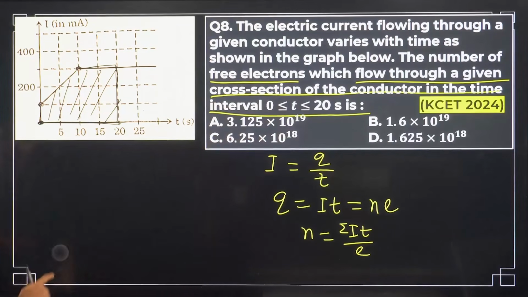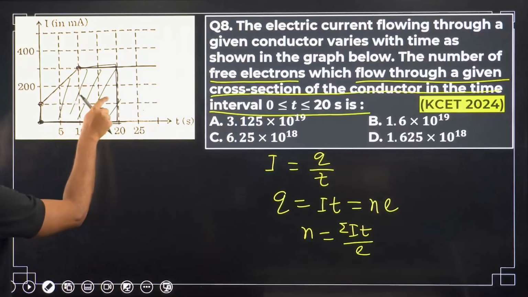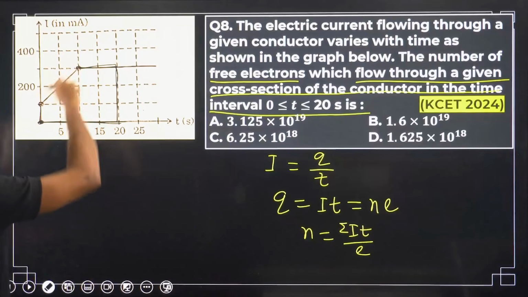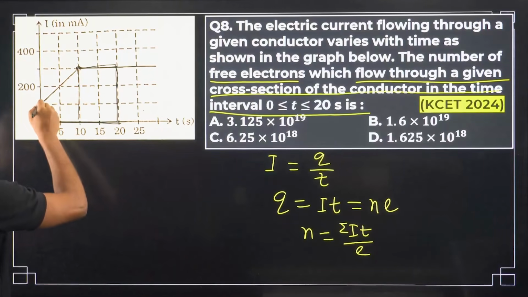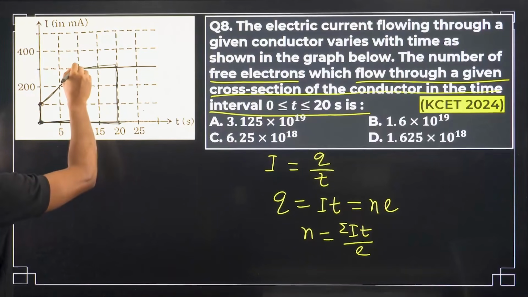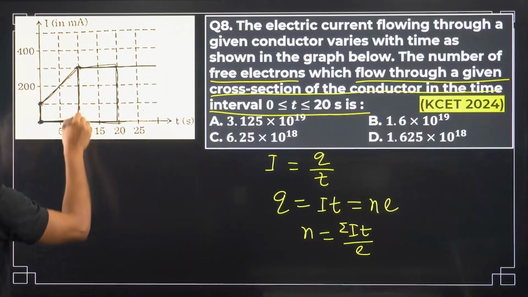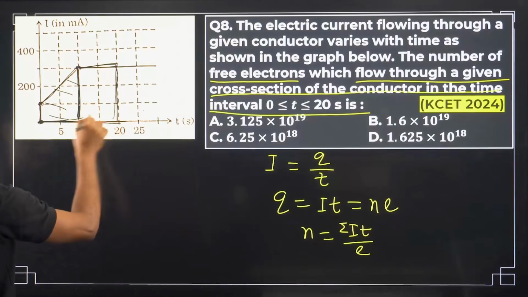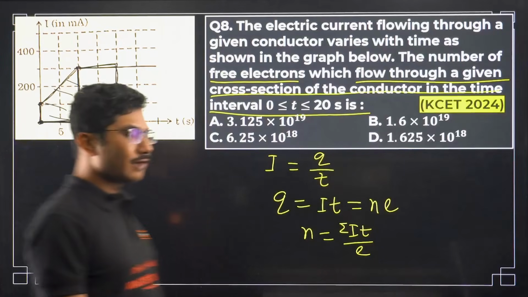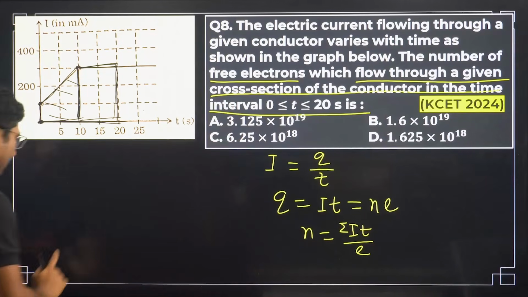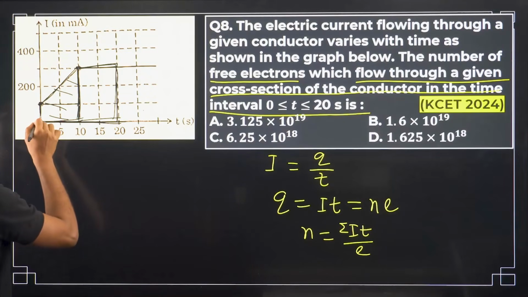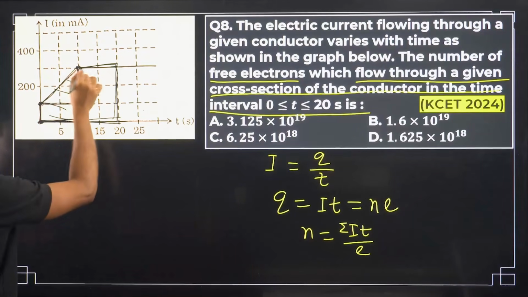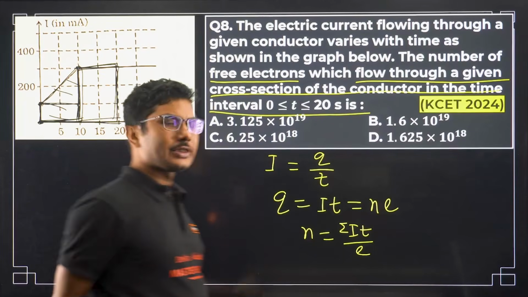Now we have to find the area under the graph of this shape. If you see, this part is a trapezium, and this is a rectangle, and this is a trapezium. Some people might say that, sir, this is a triangle, this is a rectangle and this is another rectangle. That will be a longer process but correct.